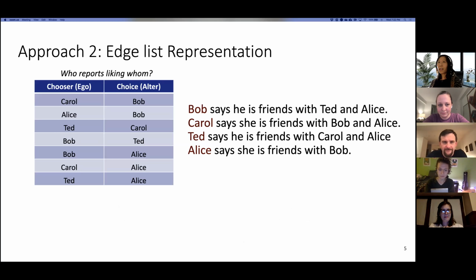And then there's yet another way that I think is less intuitive, but sometimes it makes sense. It's an edge list. You can think of it as 2 columns. On the left-hand side, it's the person called the ego who is choosing the friend. And then the alter is the person who's the choice. So these are just 2 alternative representations.